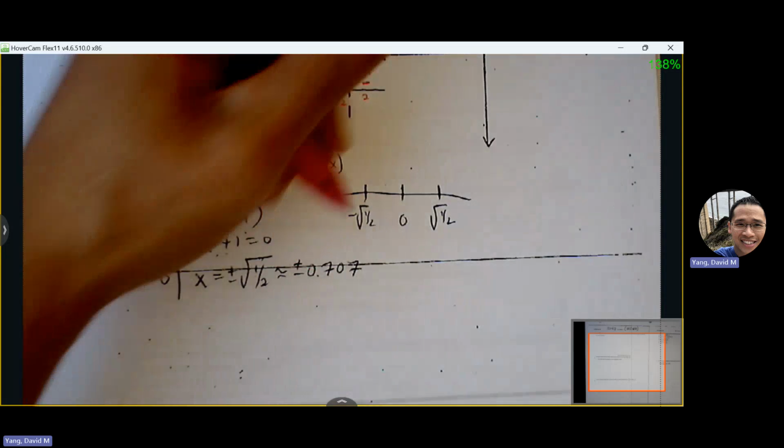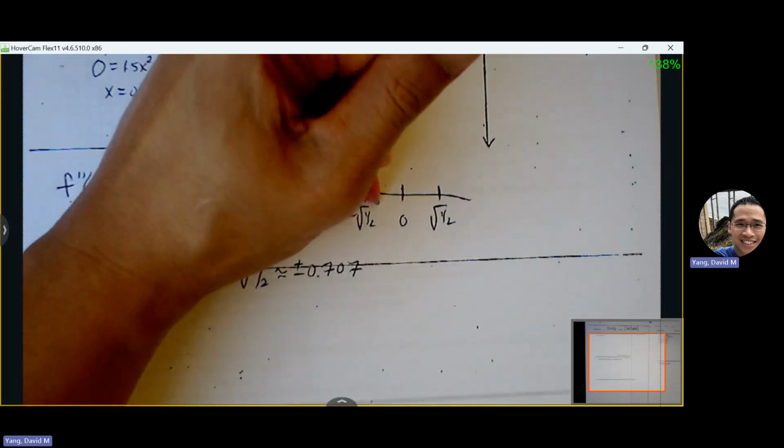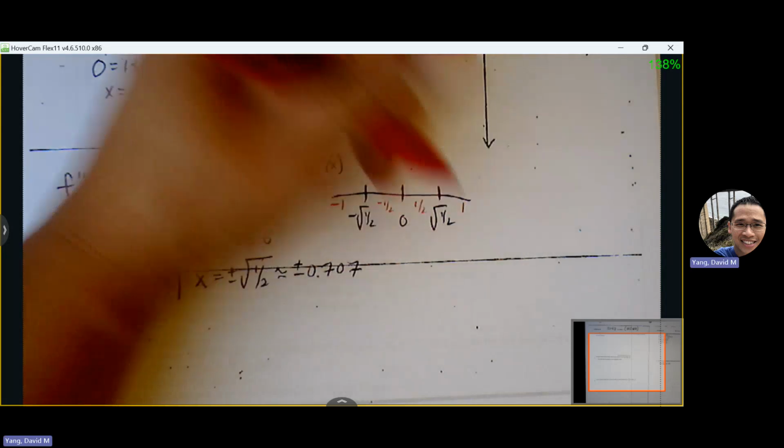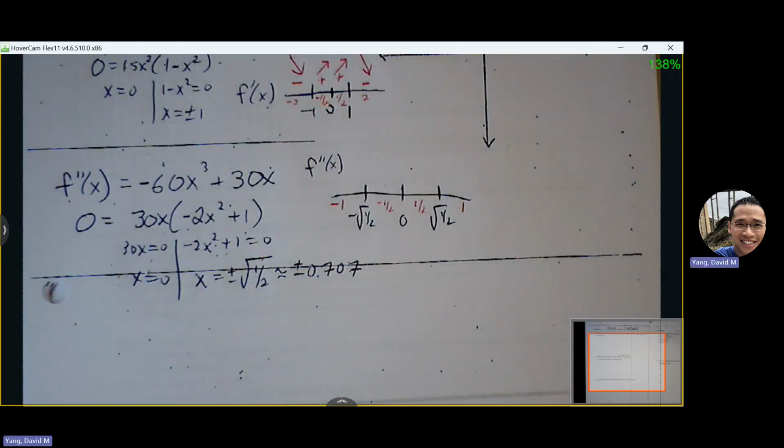All right, this is around 0.7, so I'll choose -1, I'll choose -1/2, I'll choose 1/2, I'll choose 1. Into the second derivative function.